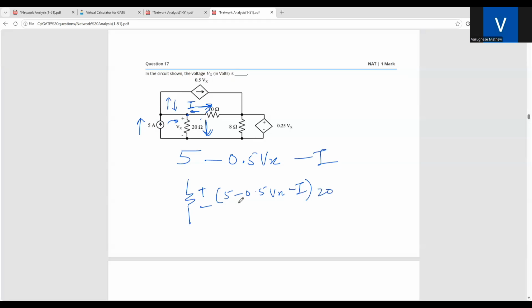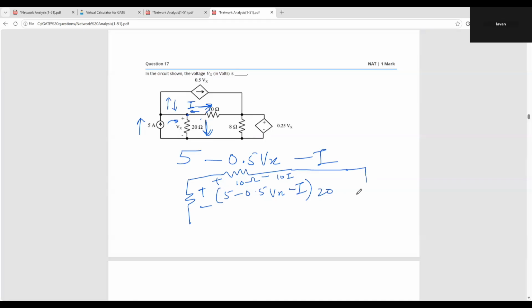And what is this drop? 10 ohm, so 10 I, plus I. Then wherever a voltage source is there, I'll take that voltage directly. I won't worry about this. So I have a voltage source.